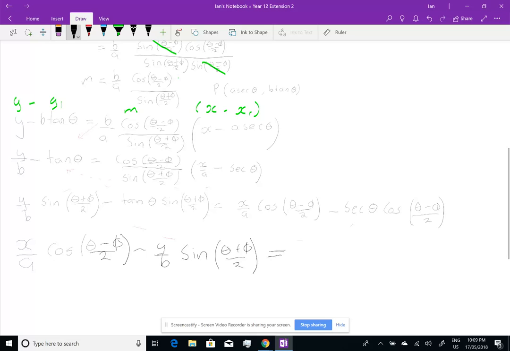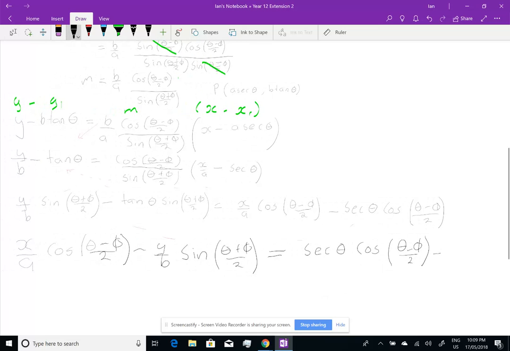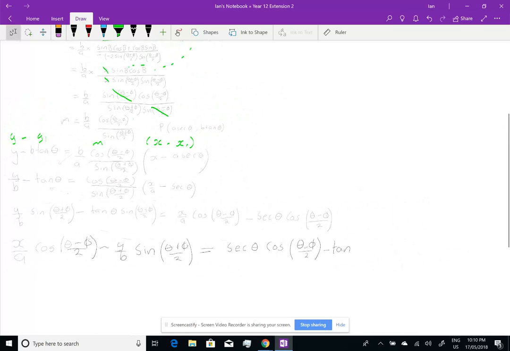Don't forget your sign. Equals, so even though I'm writing this on the right-hand side, I've moved the sec over, so it's positive sec theta cos theta minus phi on 2, and I've got minus tan theta sine theta plus phi on 2.